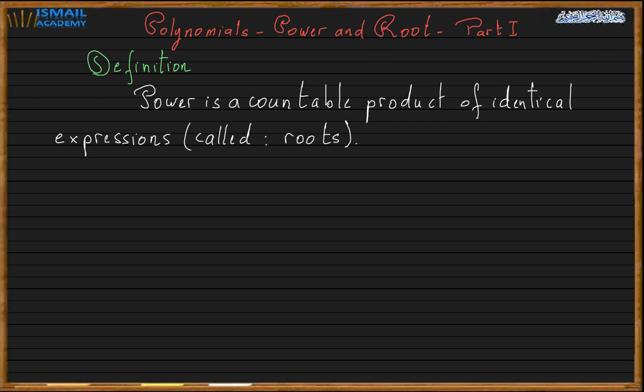So notation. We have A as a countable product. That means I have a product in which I can count the factors, and we can change this expression by a new notation: we have A, and above A we have a number, which is the number of identical factors.